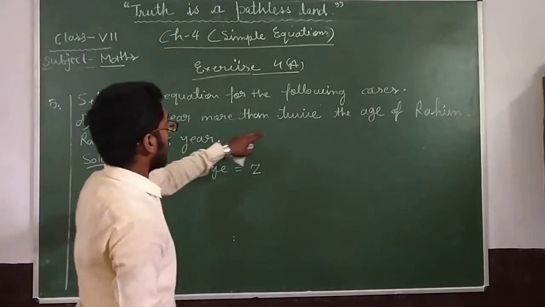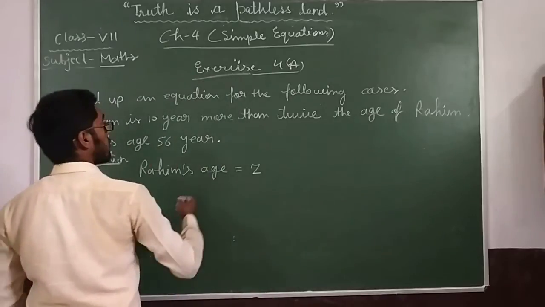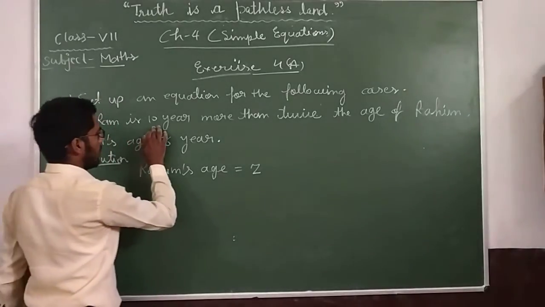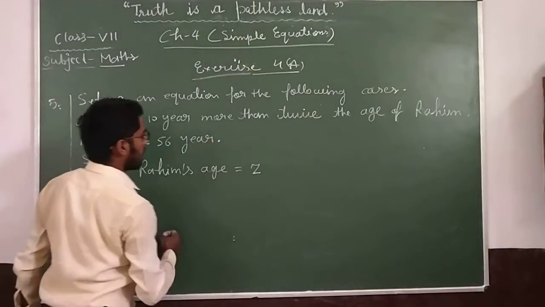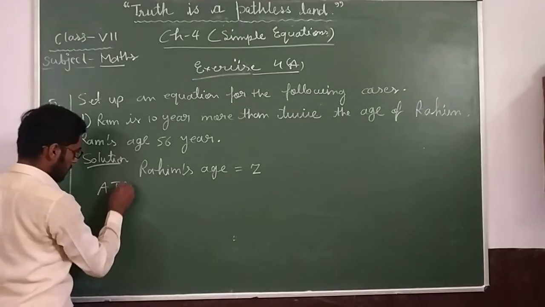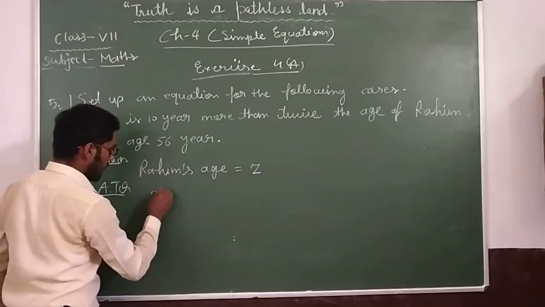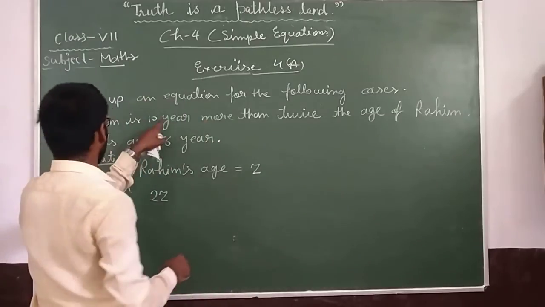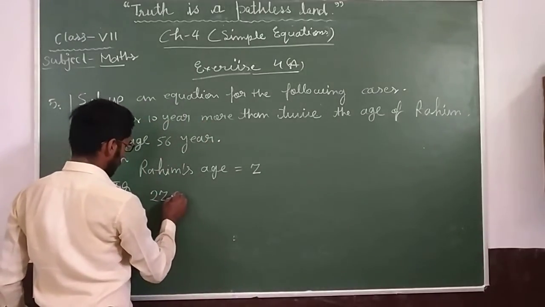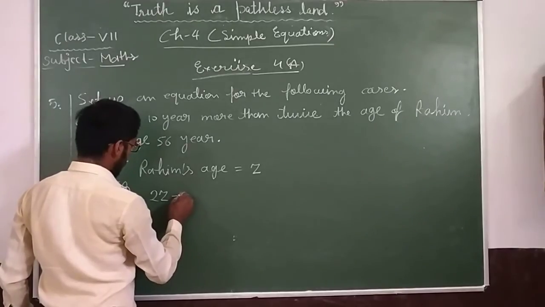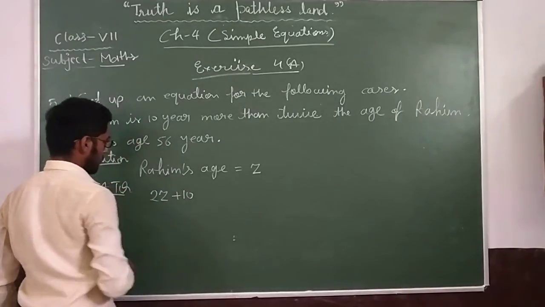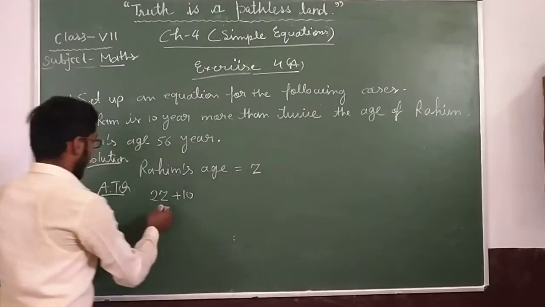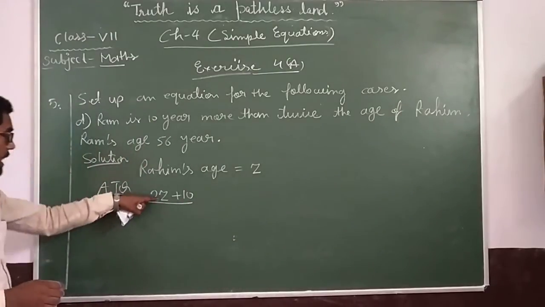Then if Rahim's age is Z, your equation is: twice the age of Rahim, according to the question, twice the age of Rahim, and 10 years more than that is Ram. Ram is 10 years more than twice the age of Rahim. It means now this is the age of Ram.